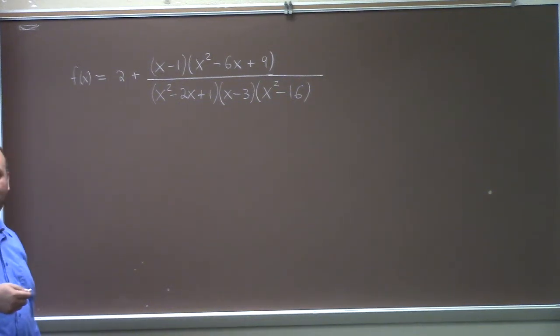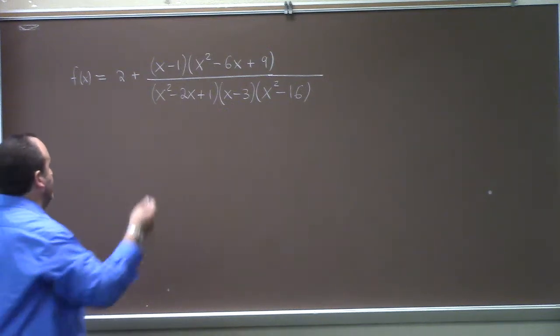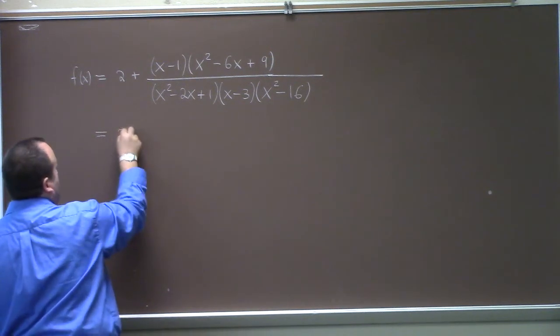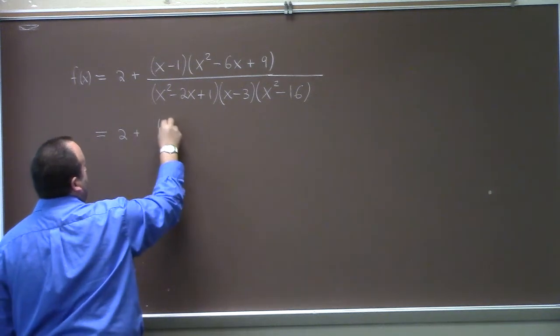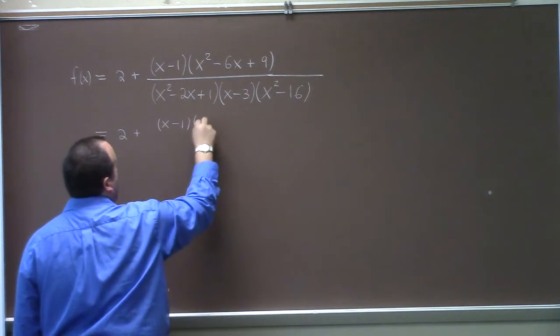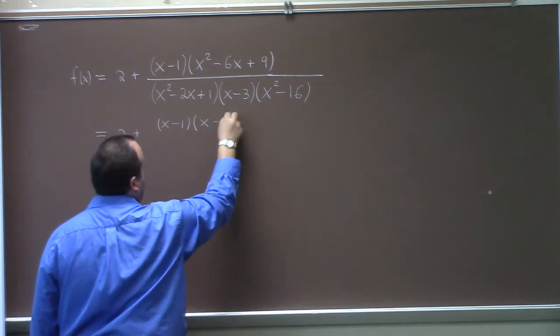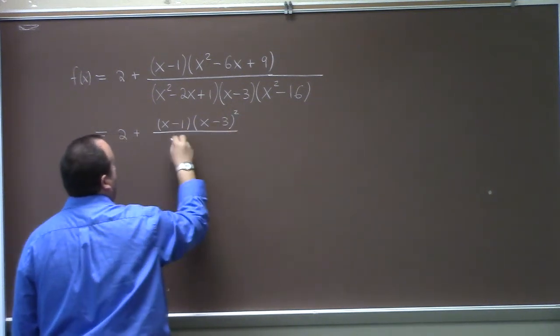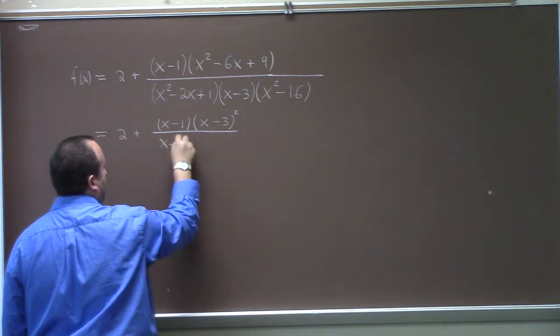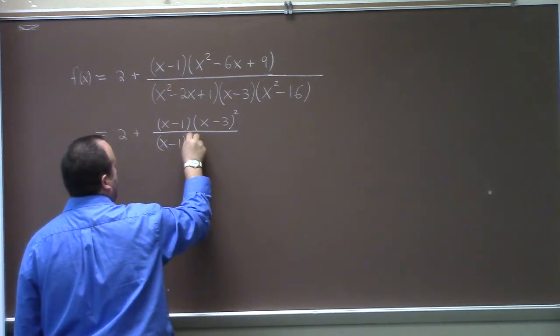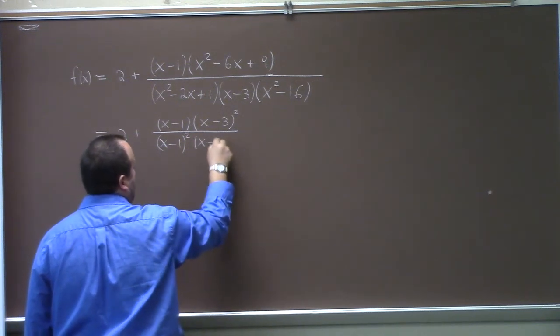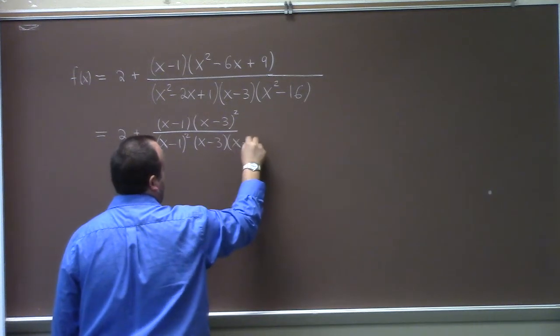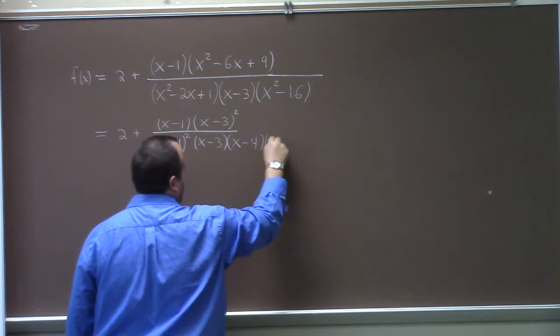So I will give you the first step, and I'll leave you the rest. What I would do is notice that that's x minus 3 squared, and that's x minus 1 squared times x minus 3 times x minus 4 times x plus 4.